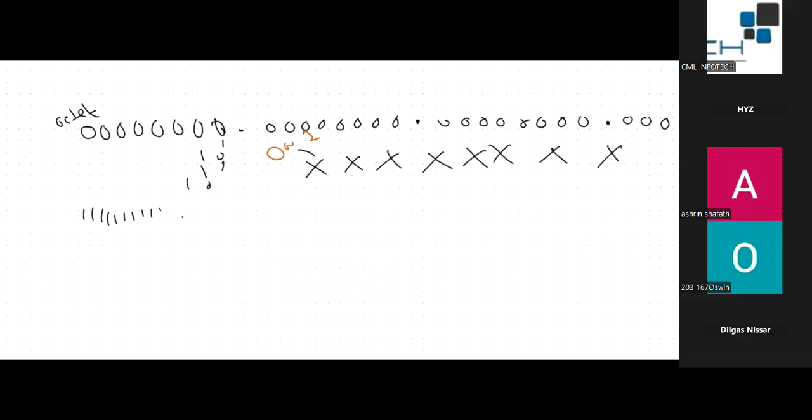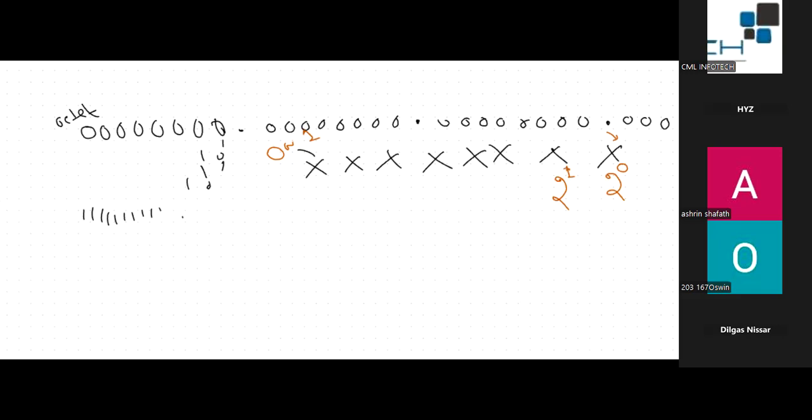It will always start from this side, with 2 as the base. The first number starts with 2 raised to 0. Then 2 raised to 1.